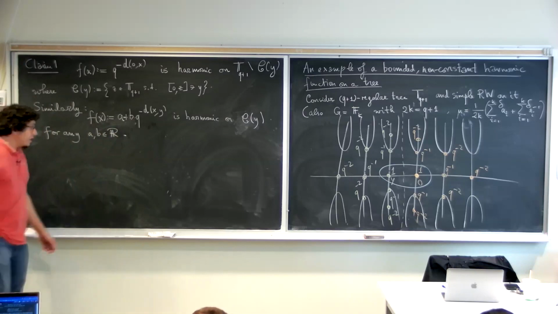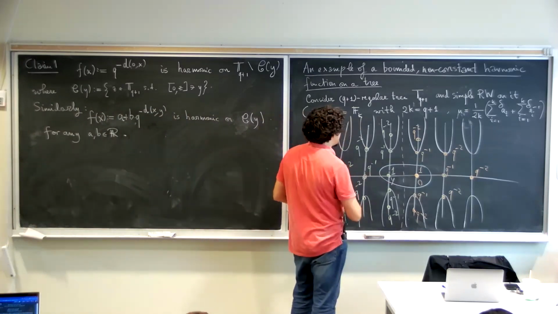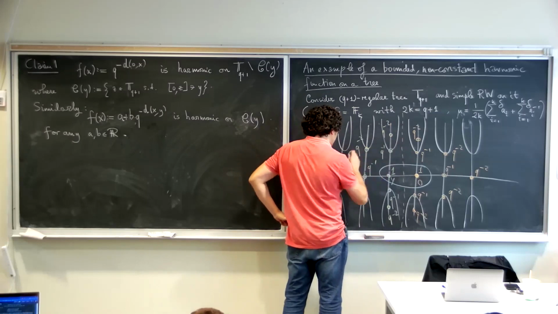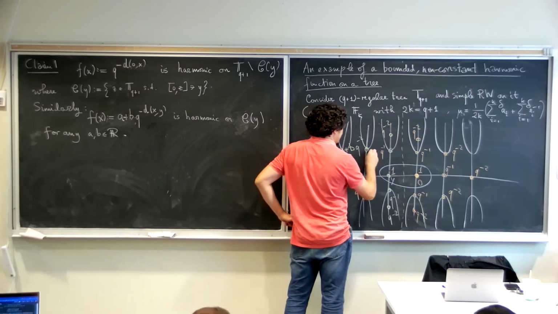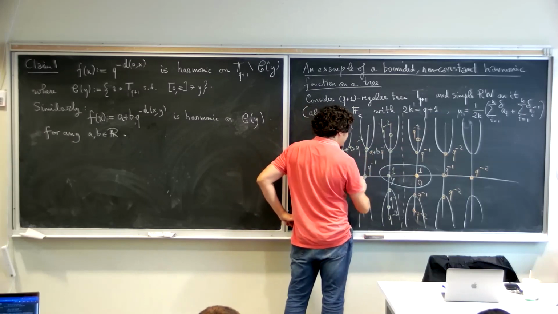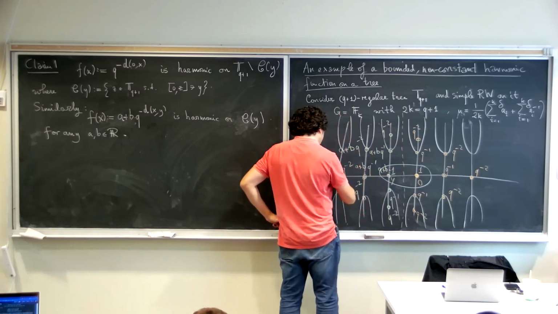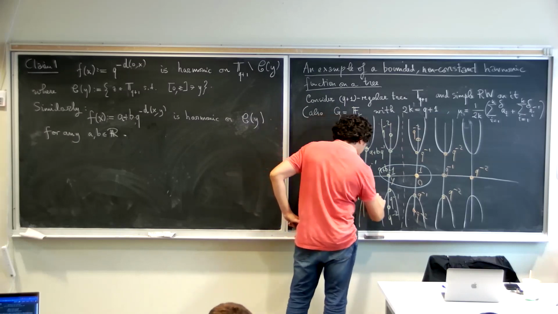And so it means that here, instead of this function, you can put everywhere a plus b q inverse square, a plus b q inverse, a plus b q inverse, and this is a plus b times 1. This would be harmonic.